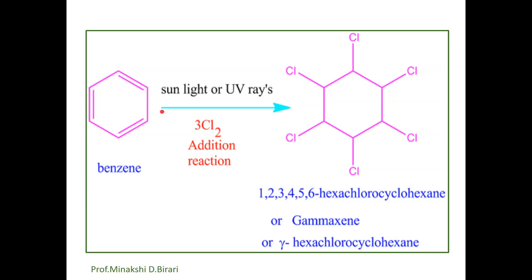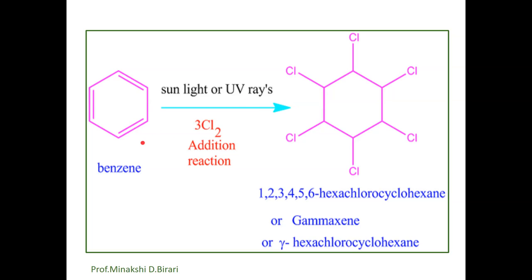We should remember the synthesis of benzene hexachloride. It was first synthesized in 1825 by Faraday, but its insecticidal property was investigated in 1941. It is prepared by chlorinating benzene between 5 and 60 degrees Celsius in the presence of sunlight or UV rays.